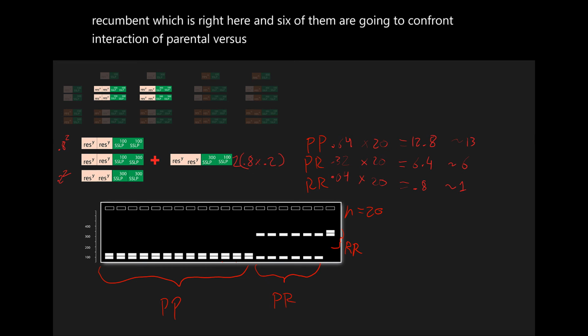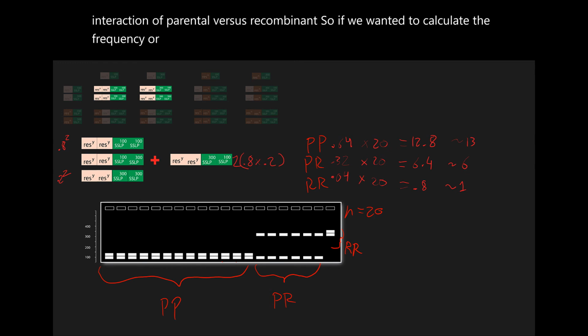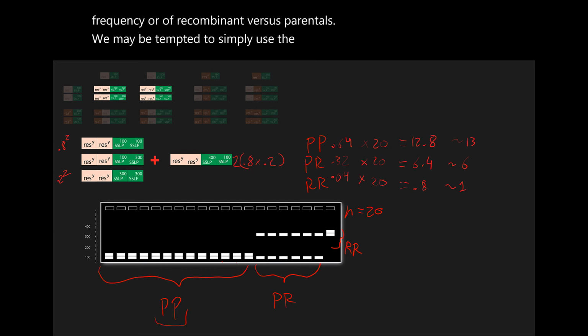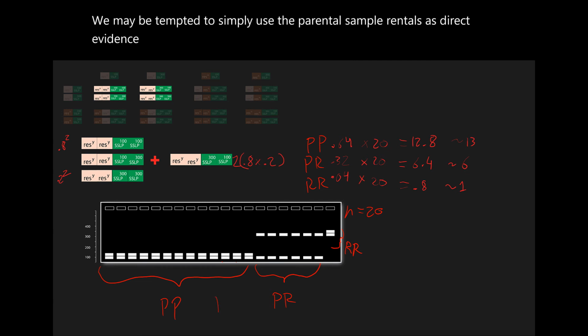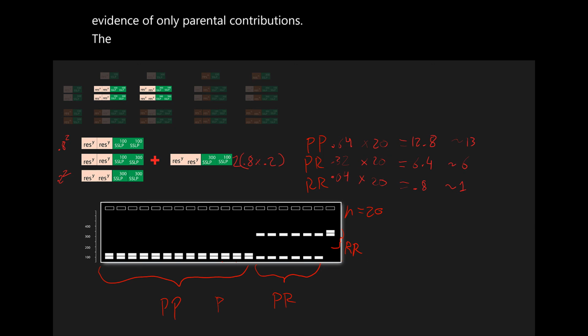So if we wanted to calculate the frequency of recombinants versus parentals, we might be tempted to simply use the parentals and parentals as direct evidence of only parental contributions. The same goes for the recombinant.